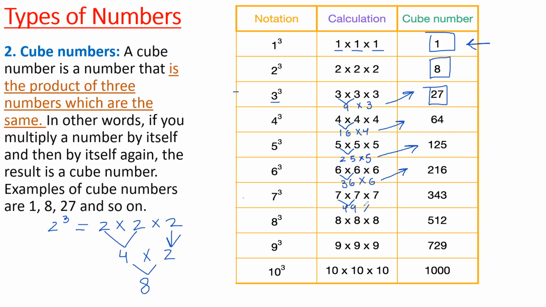Multiply 49 by 7, that gives us 343. Very good. And then we have 8 cubed. What is 8 cubed? 512. So 8 cubed is 512. So 8 times 8 is going to be what?